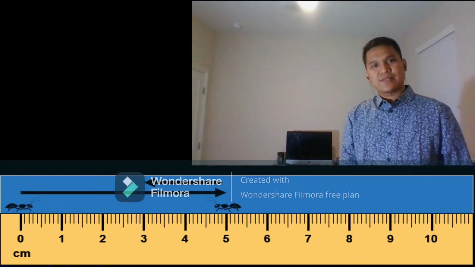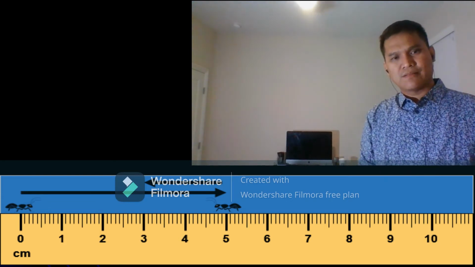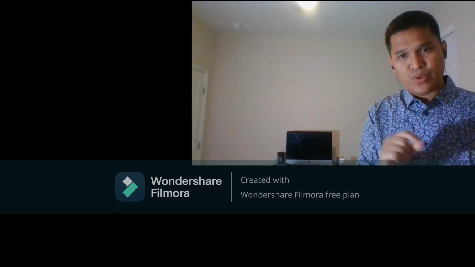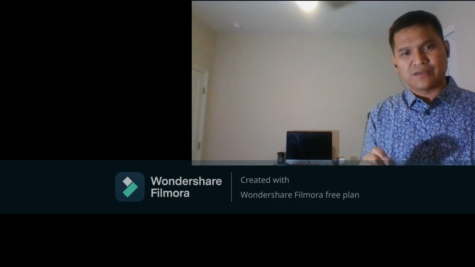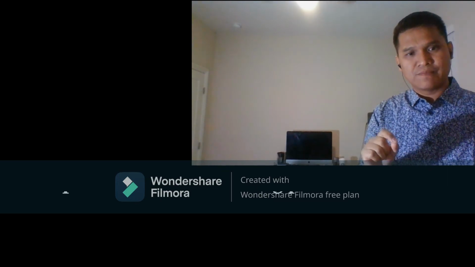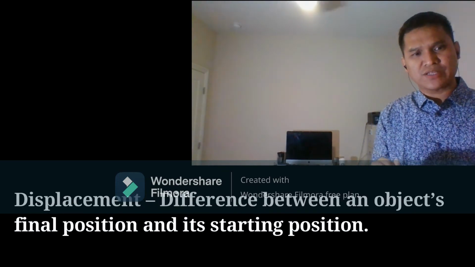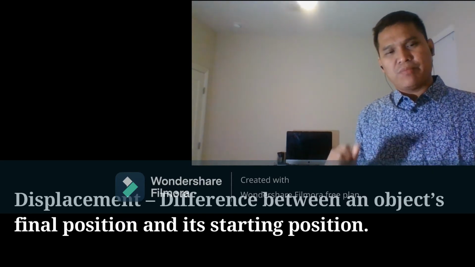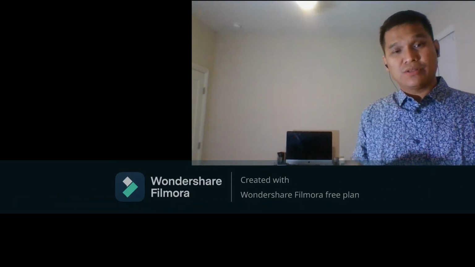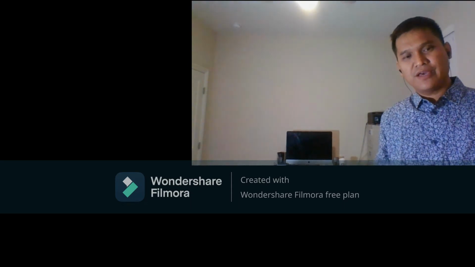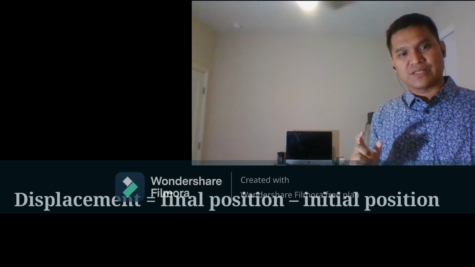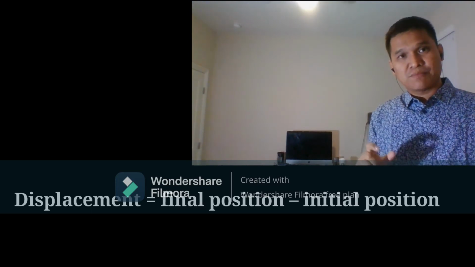All right, next topic is displacement. Displacement, we will be using the symbol letter D with an arrow above it, or simply delta D. That is the difference between an object's final position and its starting position. Here, displacement does depend on direction. It means displacement is a vector quantity because it has magnitude, the distance, plus the direction.